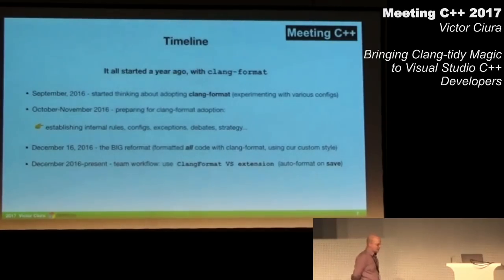And about a year ago, we did the big reformat and a big push in our code repository with all the code reformatted with our custom style. And we've been using this as a workflow for over a year now, using basically auto-format on save from Visual Studio. I highly recommend that you give it a try. It might be painful at start, but it's definitely worth it. I cannot imagine living without clang-format going forward.